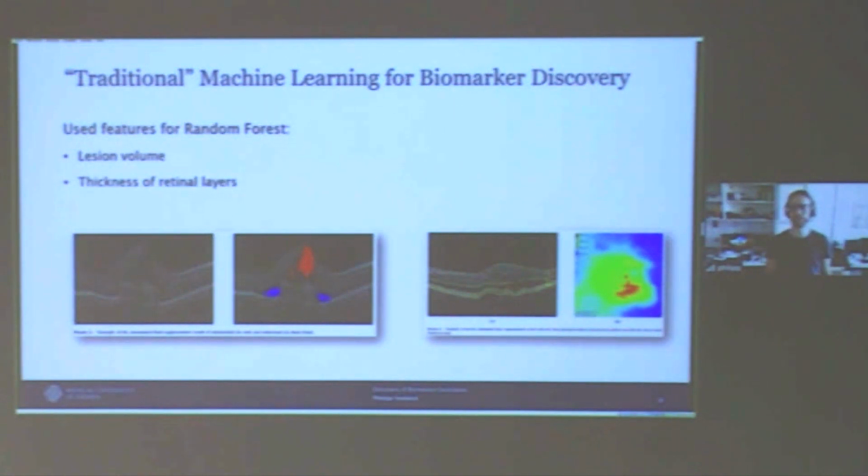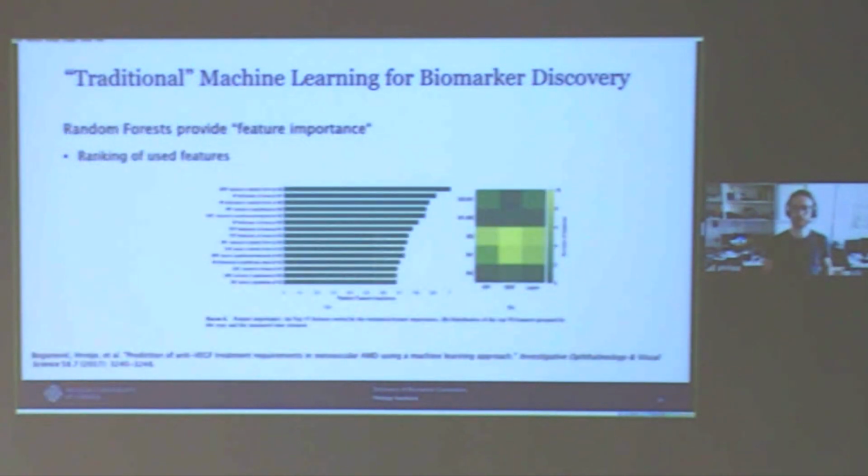Then we fed a random forest model with that to differentiate between high risk and low risk patients. Where this biomarker discovery process now comes into play is that random forests allow you to compute feature importances.